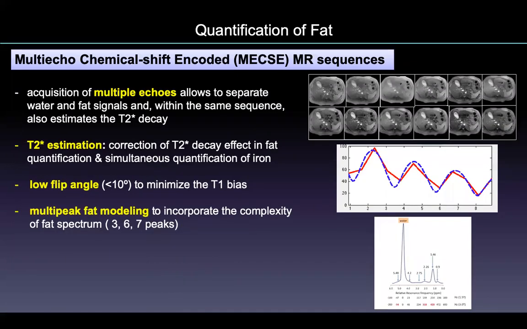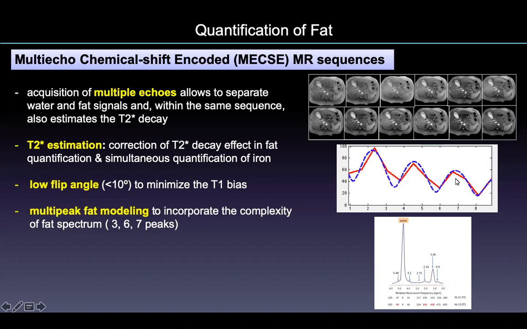Well, to accomplish quantification of fat more easily, multi-echo chemical shift encoded sequences were developed in the last years. Those sequences take advantage of the different chemical shifts of water and fat protons, and they acquire multiple echoes, allowing us to separate the water and the fat signals.